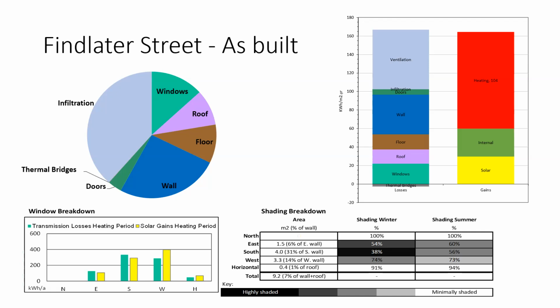And you'll see in the bottom left-hand corner your window breakdown with your gains and your losses, and our windows are probably around neutral, probably gaining slightly more than they're losing over the course of the year. But you'll see the shading breakdown in the bottom right-hand corner. So what we did was we 3D modeled the building and 3D modeled the context all around the building, and you'll see that the amount of shading is extremely significant, particularly in winter, where your southern windows are being shaded by 62%.